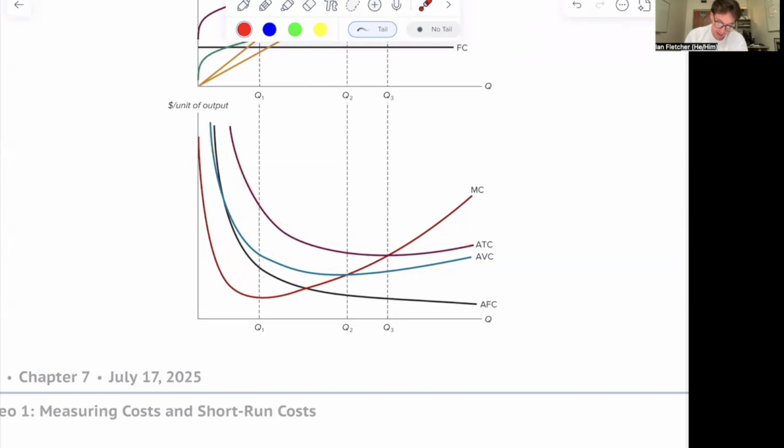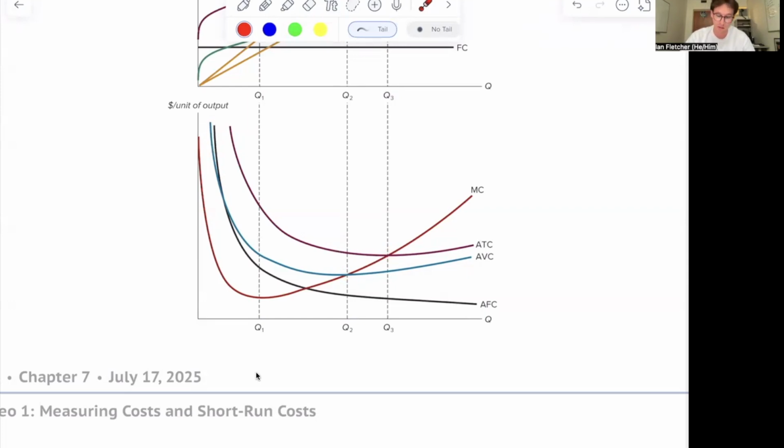When the marginal cost curve was above, then they both start pulling up immediately. And so the marginal cost curve is going to intersect both of these at their minimum points, right? When the marginal cost is equal to the average variable cost, the average variable cost is minimized. When the marginal cost curve intersects the average total cost, the average total cost is minimized.